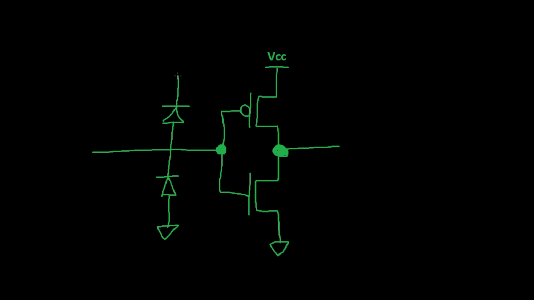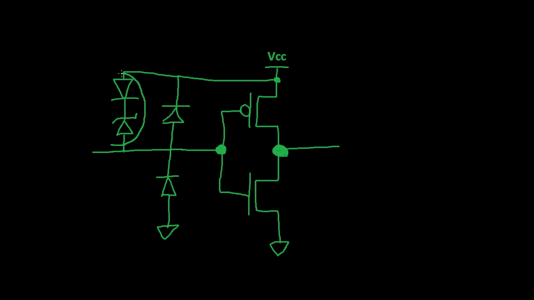One is a clamp diode that's going to connect directly to VCC like this. And another would be back-to-back diodes, where you would have a diode like this connected directly to another diode and then to VCC.